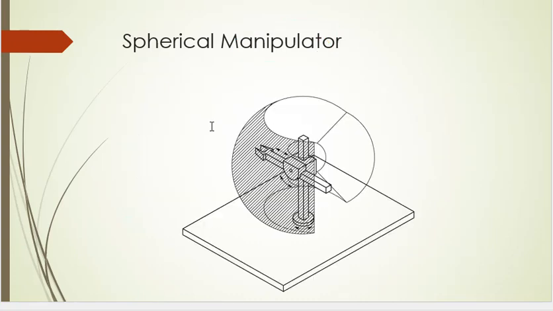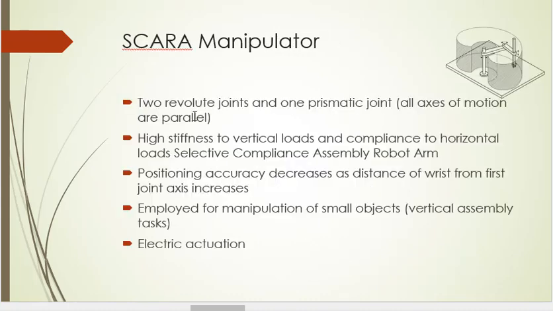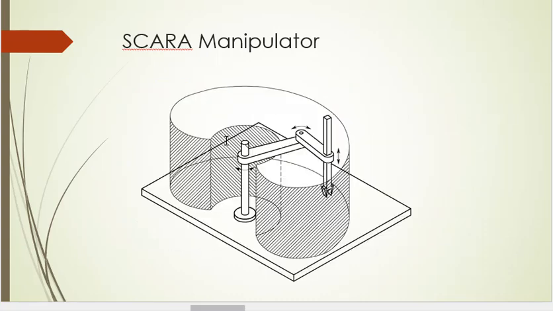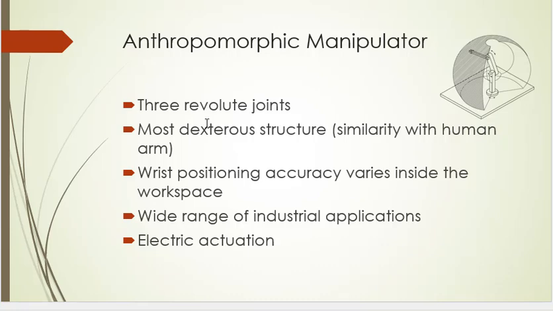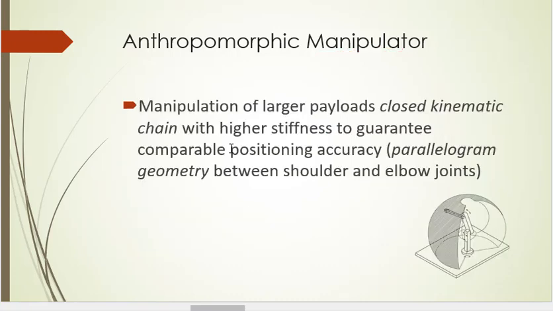And this one is the spherical and the SCARA: two revolute joints and one prismatic joint. Then the anthropomorphic manipulator has three revolute joints. There is no prismatic joint; all are revolute joints.